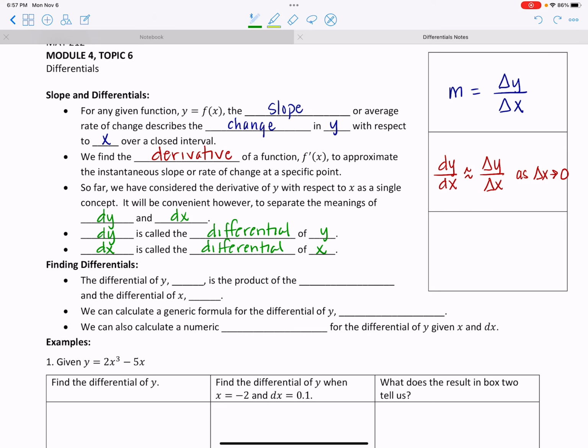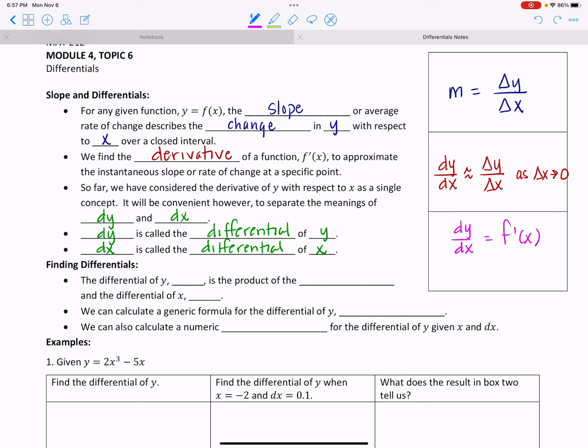So one more step here. If we were looking at the derivative of y with respect to x being called our f prime of x, our derivative, and now I want to separate these components. Again, if I want to be able to solve for that dy dx, well, dy is being divided by dx.